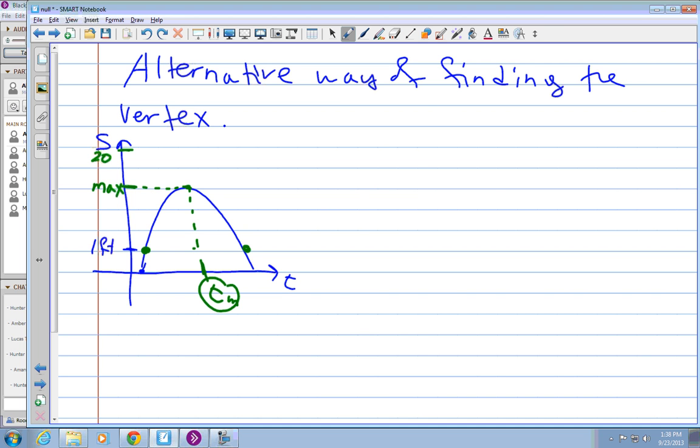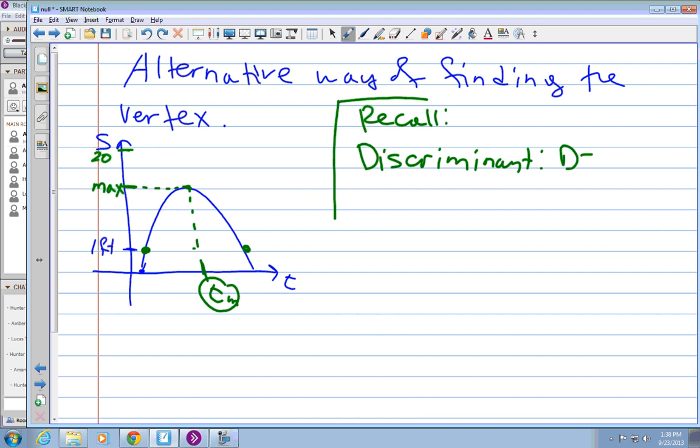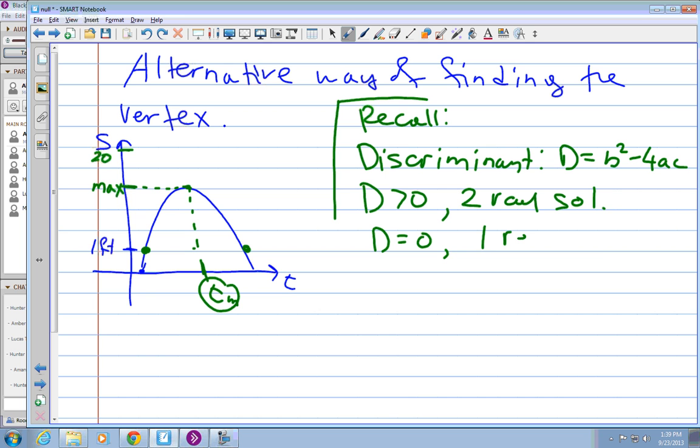Recall from Wednesday, the discriminant: D equals b squared minus 4ac, the thing that's under the square root in the quadratic formula. We agreed, if D is positive, then we have two real solutions. If D equals 0, then we have one real solution. And if D is negative, then we have no real solutions; all solutions are complex with i in it.